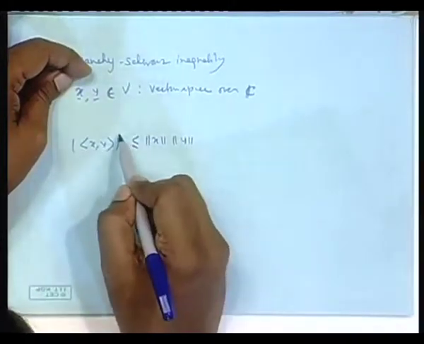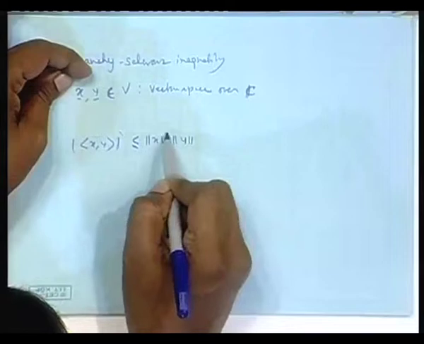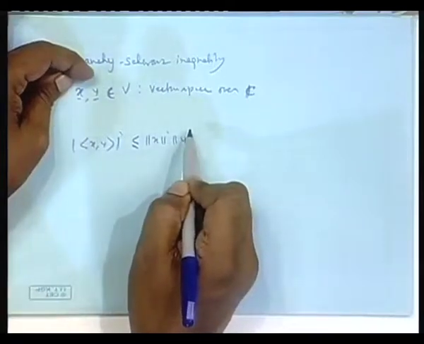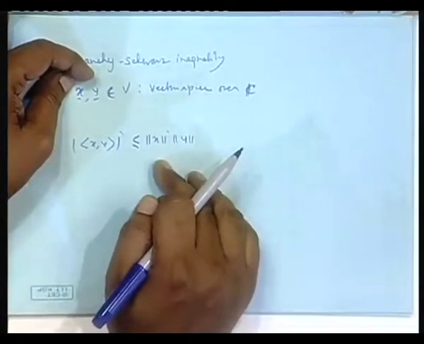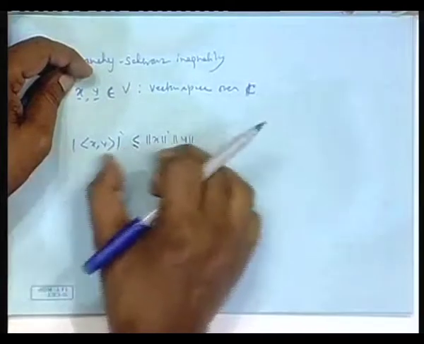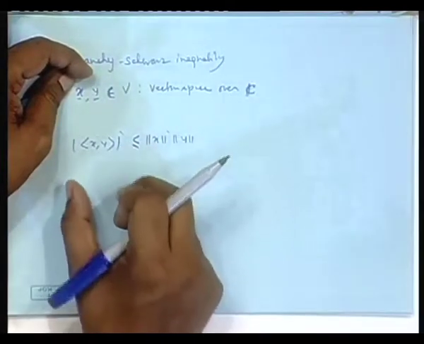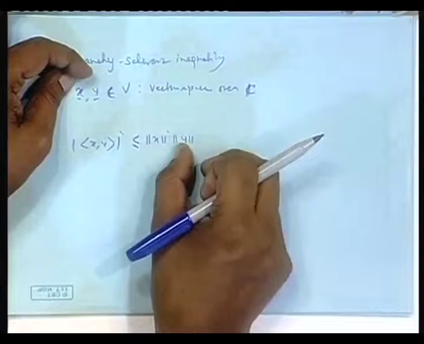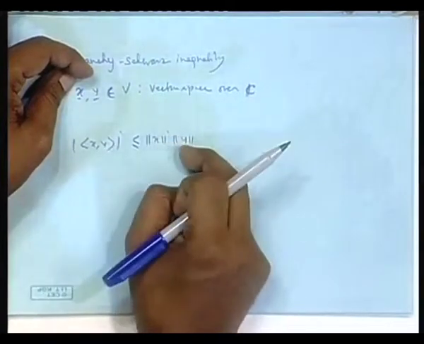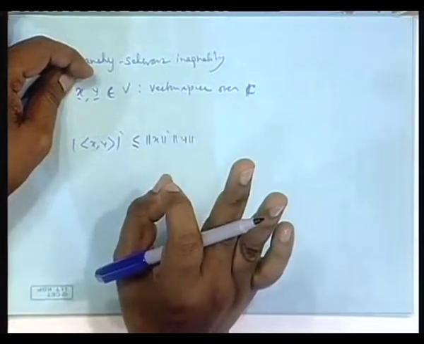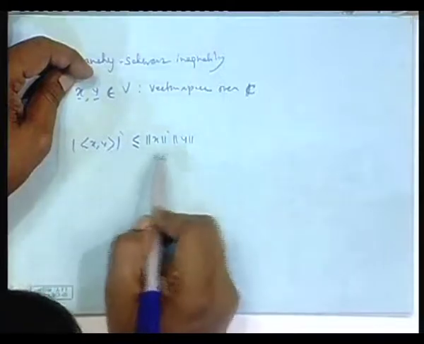Sometimes books put a square on this and therefore square and square, which I am not sticking to. Well, both are equivalent actually, because mod means positive number only. So, if this is less than or equal to this, obviously square also will be, and vice versa.